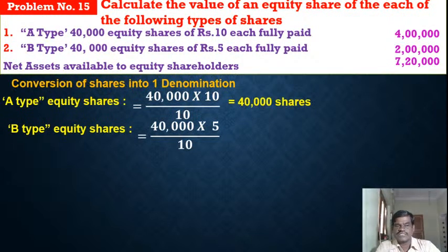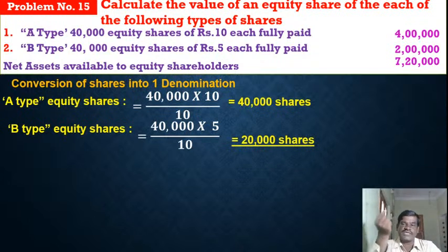For which type of shares are to be converted, you have to take that as the face value. So 40,000 into 5 divided by 10.